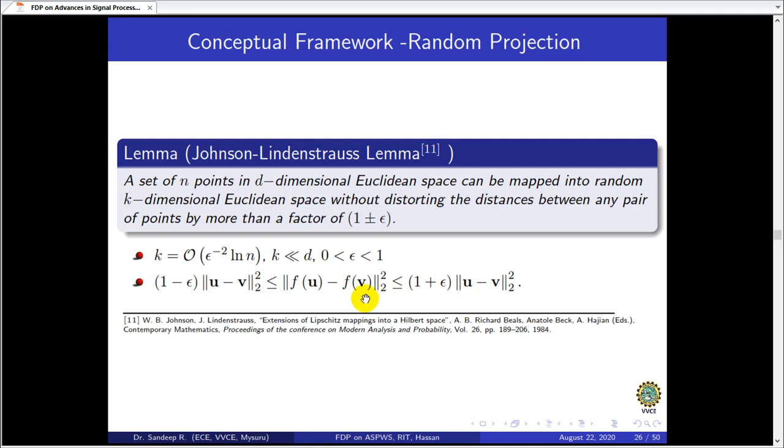We are trying to again measure the L2 norm square between the points in the low dimensional space. So you can see that this is bounded above by 1 plus epsilon times the L2 norm square between the points in the high dimensional space, and bounded below by 1 minus epsilon times the same.